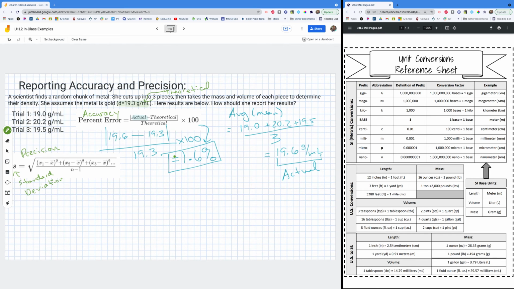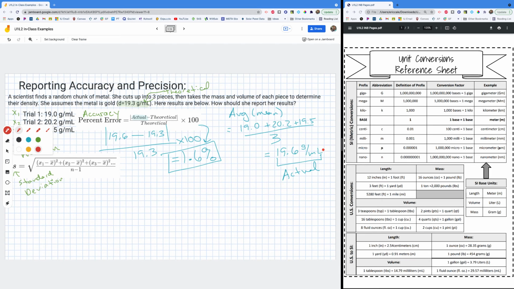next, to show the standard deviation, we do this equation. And it looks really hairy and really gross, but I promise it's not. So here's what we're going to do. The x1, x2, and x3 are the same as trial 1, trial 2, and trial 3. So those are going to go in place for x1, x2, x3. The x bar is the average.